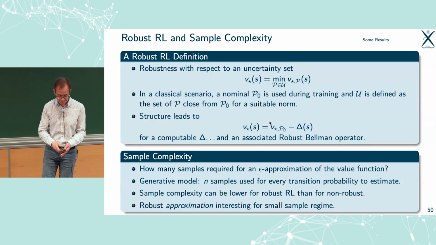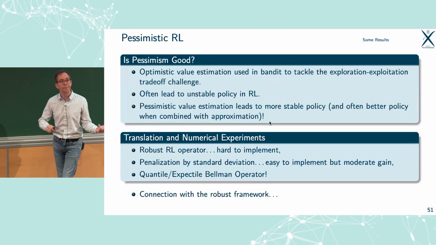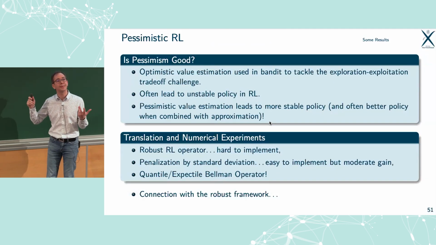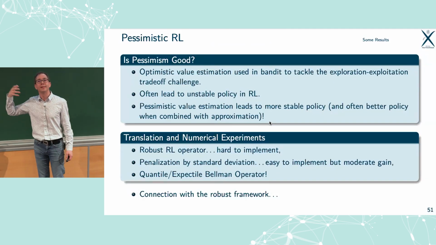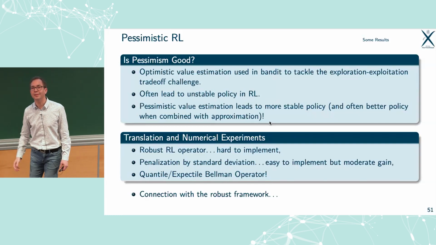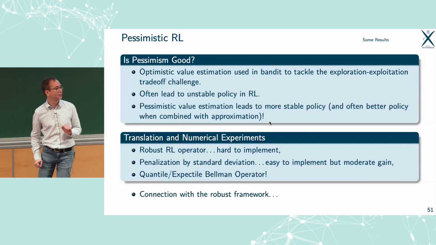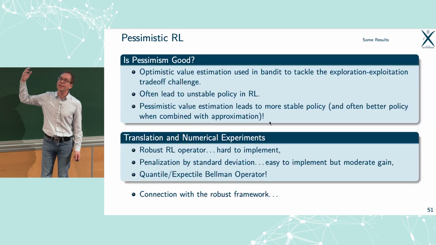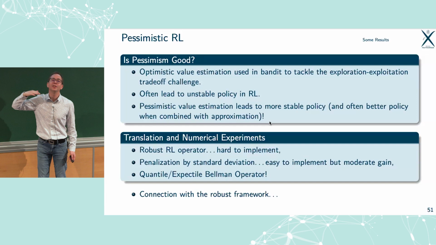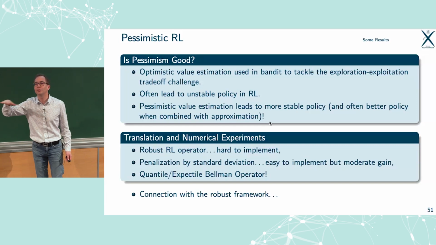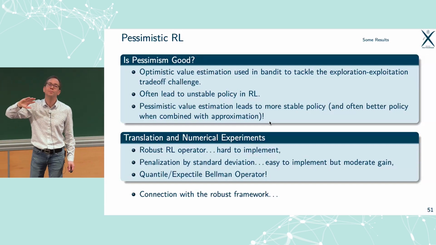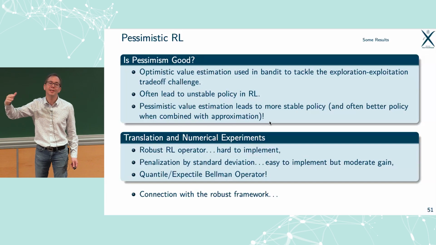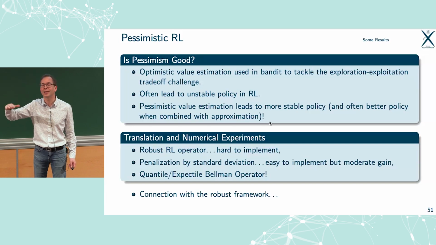So in practice, and this is what is interesting, there is a way to use this idea. That is to have some kind of pessimism in the estimation, quite different from the bandit world. Here, you can imagine that if you want to be robust, you have to bet on the fact that the ultimate gain may be lower than what you had planned.